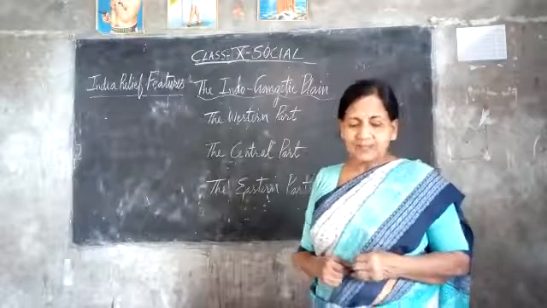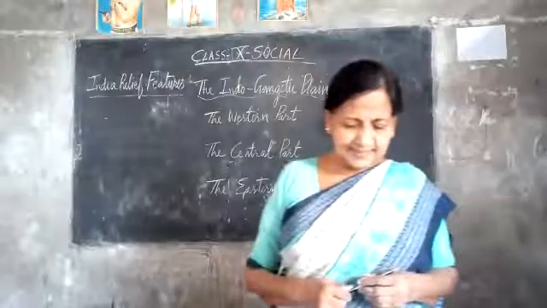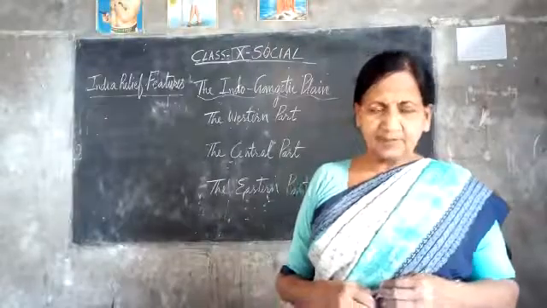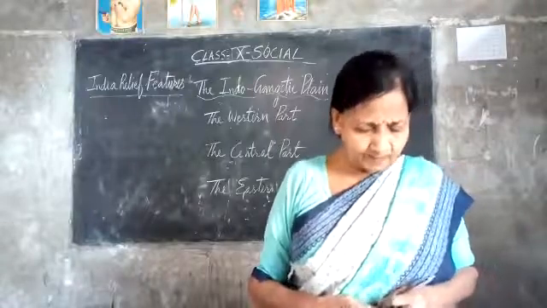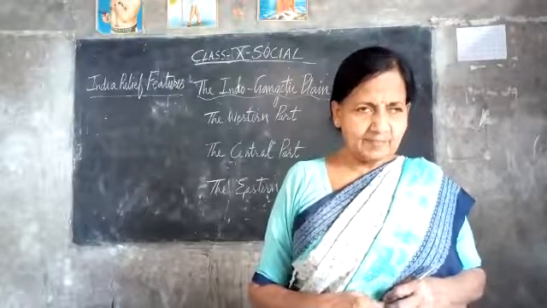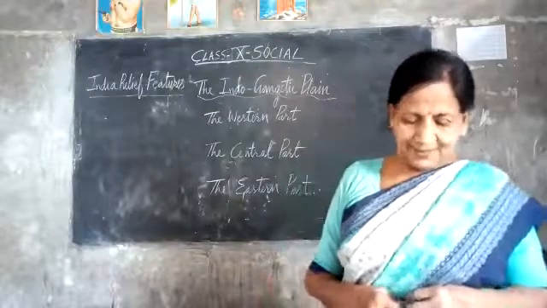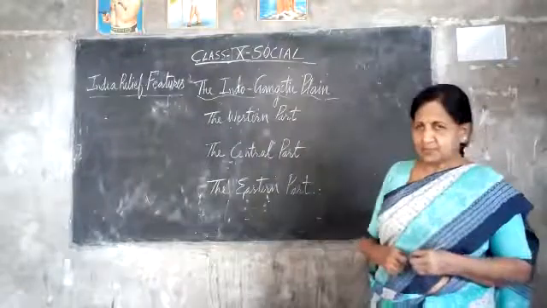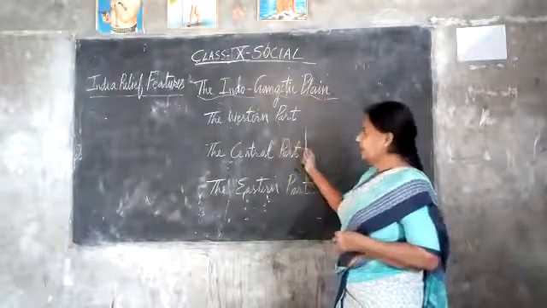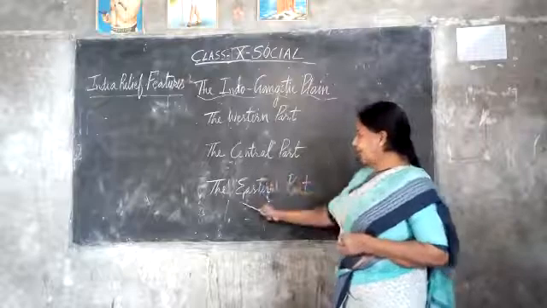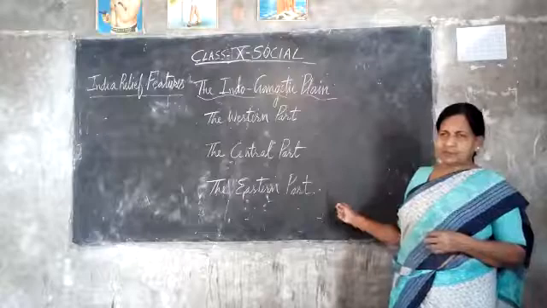The eastern part, children, is the plain existing on the Brahmaputra valley of Assam, and the river Brahmaputra is mainly responsible for its formation. Children, I hope the western part, the central part and the eastern part are clear enough for you to understand.